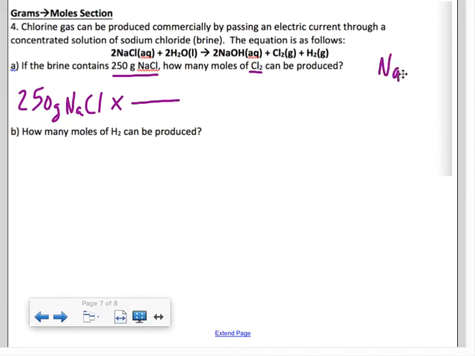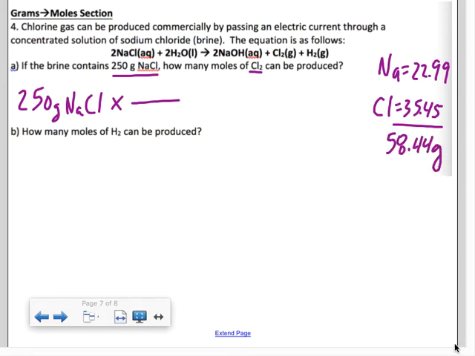Na on the periodic table is 22.99, Cl is 35.45. You add them up and you get approximately, you might have a different number than me, 58.44. So that goes on the bottom because I am in grams.